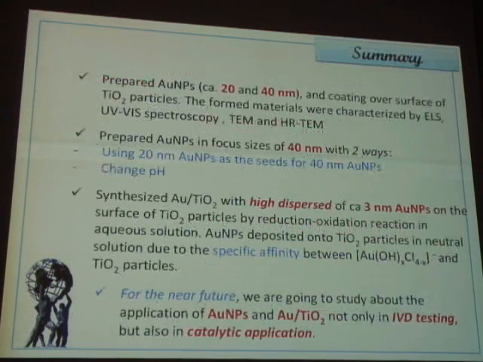After all, let's summarize our work. We prepared gold nanoparticles of 20 and 40 nanometers and coated them over the surface of titanium particles. We characterized the particles by DLS, UV-vis, TEM, and high resolution TEM. The 40 nanometer gold nanoparticles can be prepared in two ways: using 20 nanometer seeds or changing the pH of the solution.